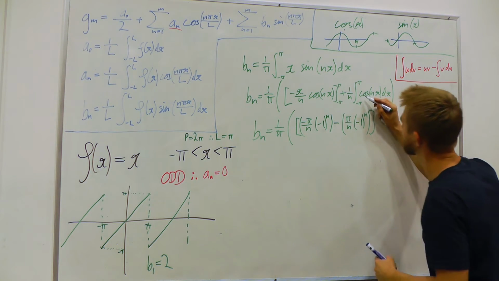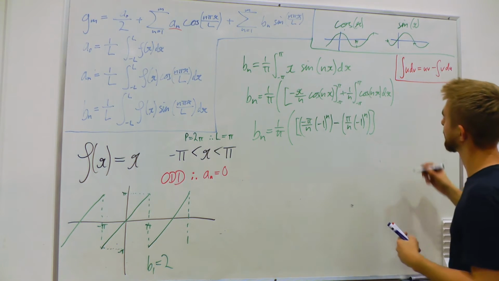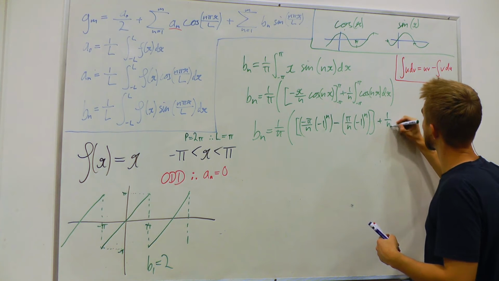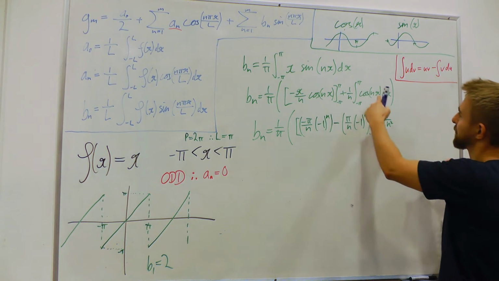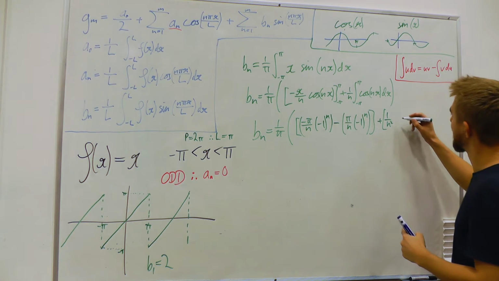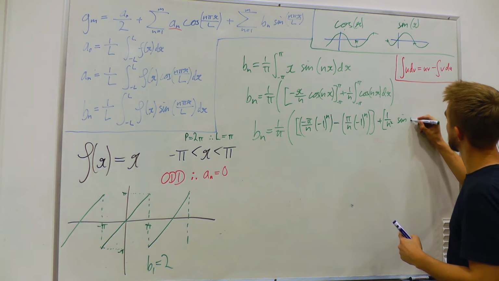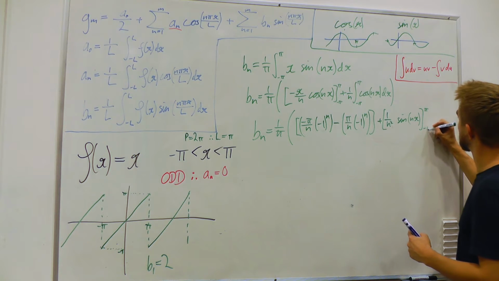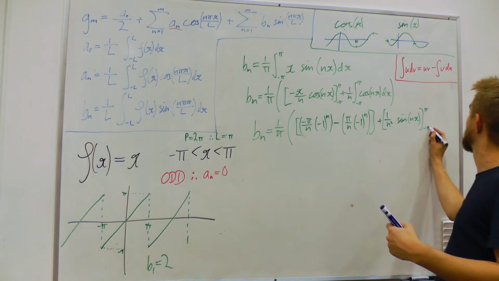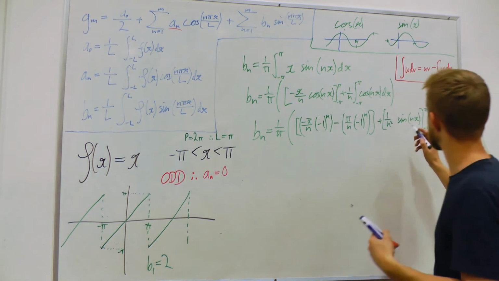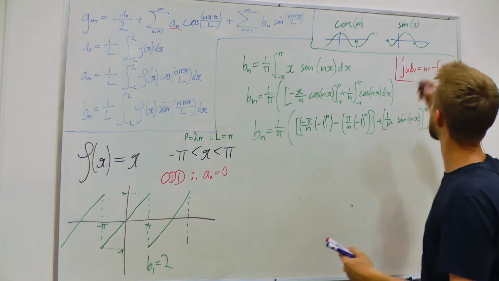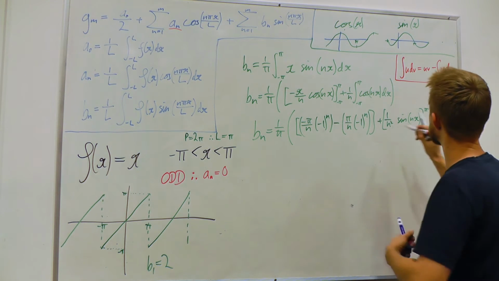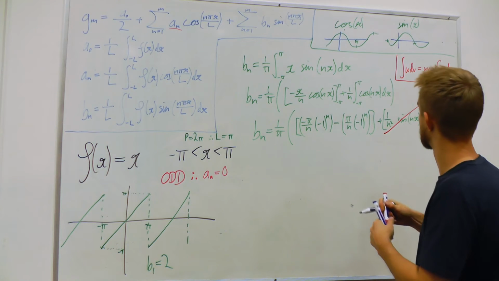We're just going to have to integrate cos again, as we did before, so we're going to get plus 1 over n squared. This time we've got 1 over n times 1 over n, and now we get a sine nx term here between pi and minus pi. And thankfully, just like last time, our sine term at any integer multiple of pi is just going to go 0, 0, 0, 0, 0. So this term is just going to disappear again.